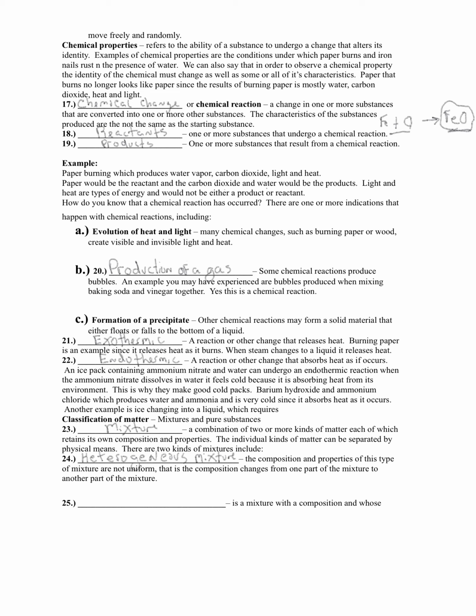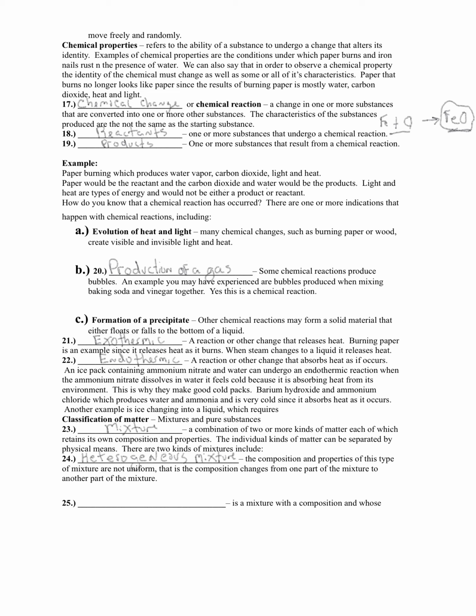The production of gases. So not all chemical reactions, because if I boil water, that's not a chemical reaction. That's a phase change, a physical change. But some substances, when they go through a chemical reaction, they produce a gas. So think of baking soda and vinegar. If I add baking soda to vinegar, you're going to see a lot of bubbles produced.